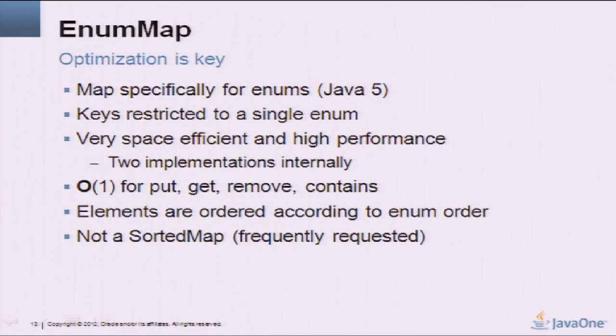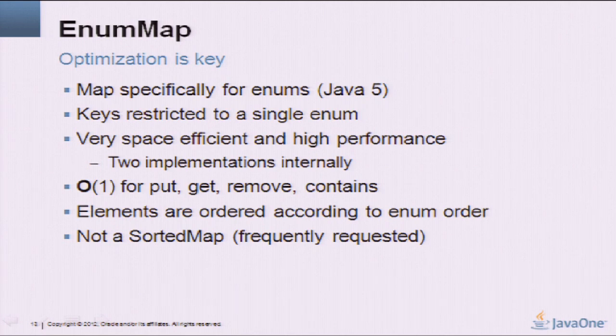EnumMap is a specialized map, in which the key type is actually a Java 5 enumeration. And the reason you'd want to use this over a regular hash map with just the enumerations as the keys is that it's very space efficient. It essentially just has a table of the values, and doesn't actually have to store any of the keys.